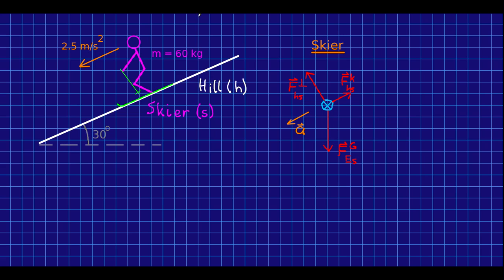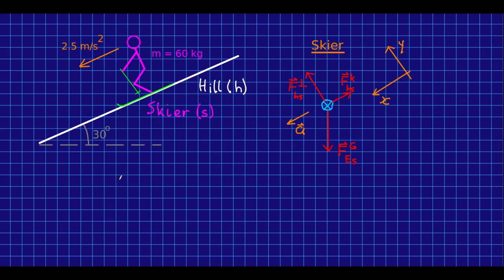So I should do that. My other piece of advice is always set one axis in the direction of the acceleration if you know what direction that is. That's not always the best choice, but it is usually the best choice, so it's good to keep in mind as a fairly general rule. So that gives me axes that look like this.